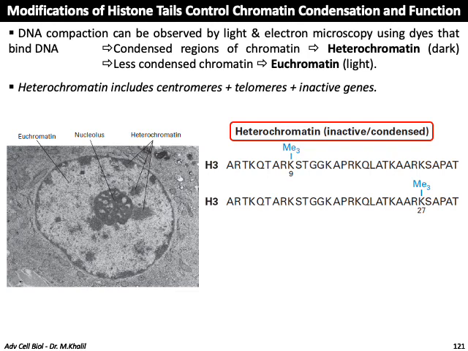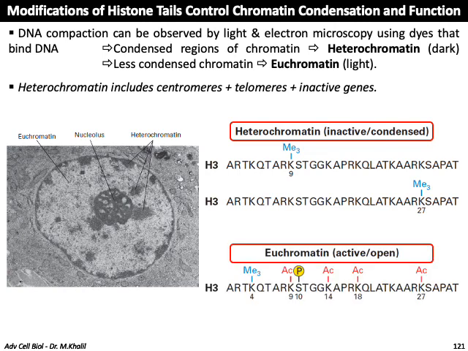Its H3 tends to show trimethylation of lysine 9 and trimethylation of lysine 27. When it's active or open, in the euchromatin, you can see different modifications on different amino acids, either acetylation, phosphorylation, or trimethylation, and this is termed the histone code.